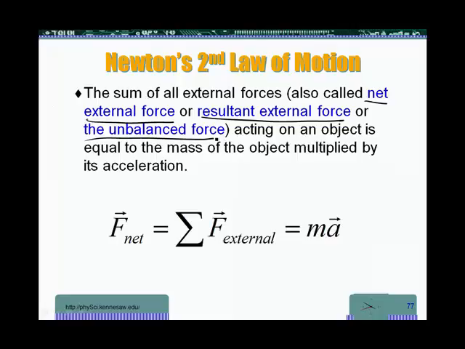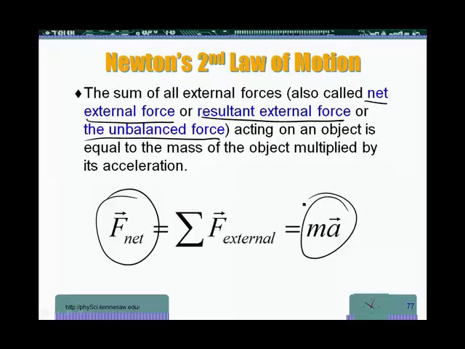So this is the law that tells us how to change the velocity, that tells us what the origin of an acceleration is. And essentially what it says, we need to have an unbalanced force or a net force to have an acceleration.